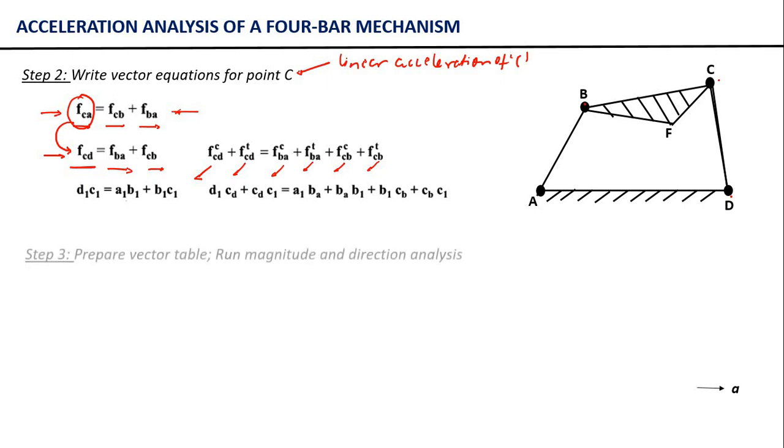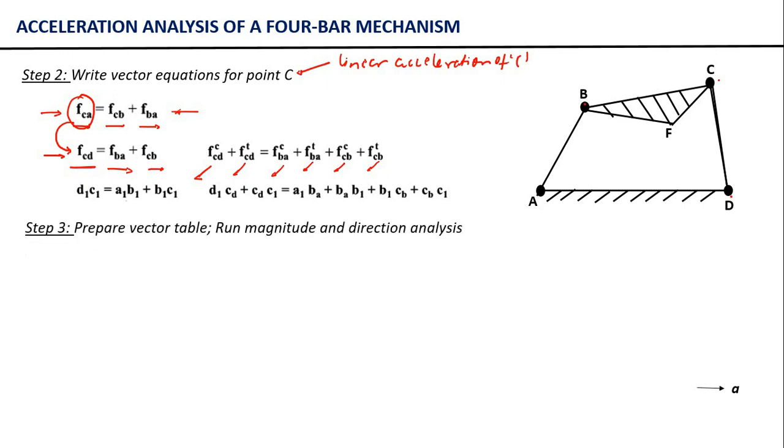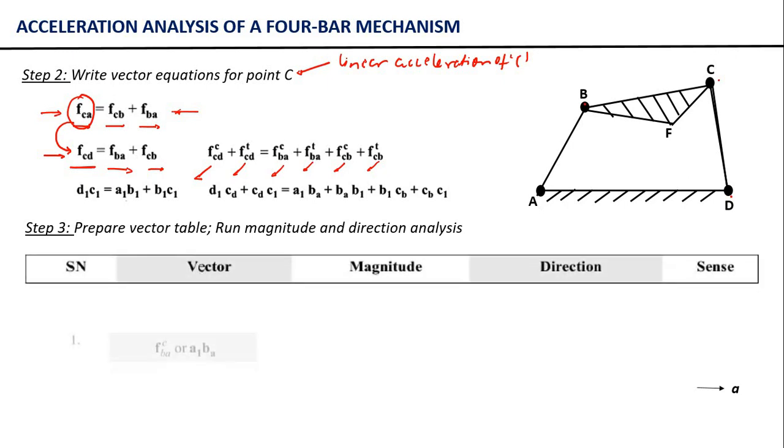Now let's move ahead. After this we are going to run a magnitude and direction analysis, but here, as compared to the velocity vector equations, a number of vectors are involved. So basically we will be drawing a table to run this magnitude and direction analysis.